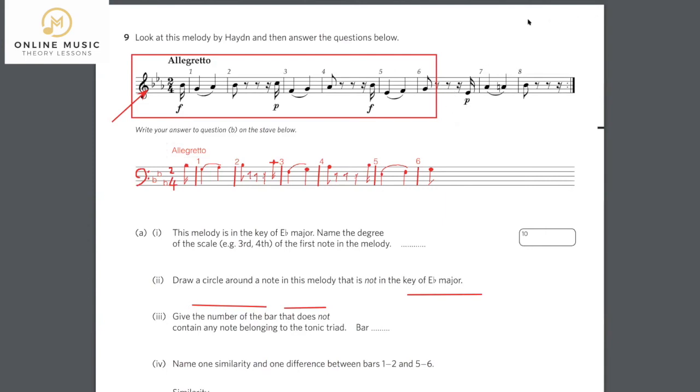Dynamic markings. There we are. And that's it.